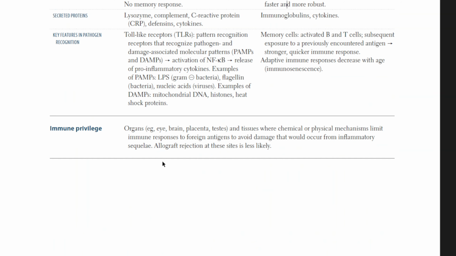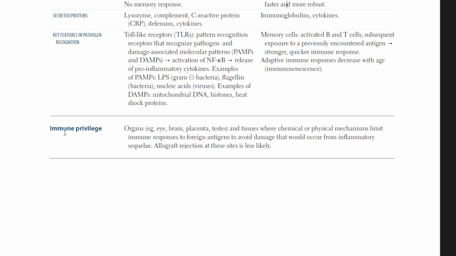Here they talk about immune privilege. Immune privilege refers to the organs and tissues where chemical and physical mechanisms limit the immune response to foreign antigen, to avoid damage that would occur from inflammation sequelae. Allograft rejection at those sites is less likely.